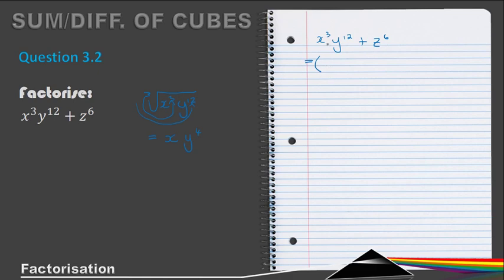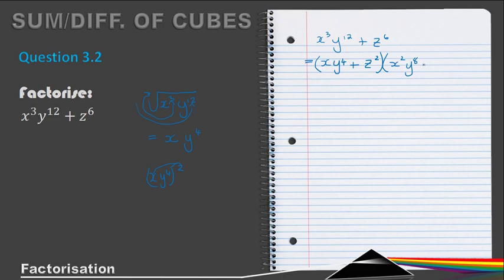So here, taking the cube root of this, we get x y to the power of 4, then the same sign, and then 6 divided by 3 to take the cube root there is 2, so z squared. Then for my second bracket, I square this. If I square x y to the power of 4, then this 2 multiplies in with both of these exponents, so we have x squared and y to the power of 8.